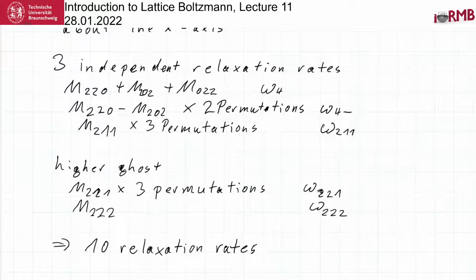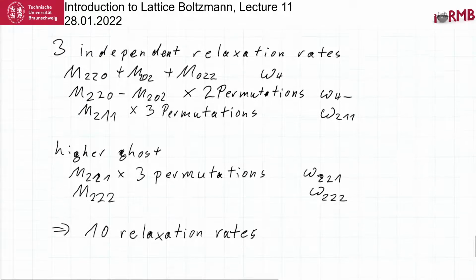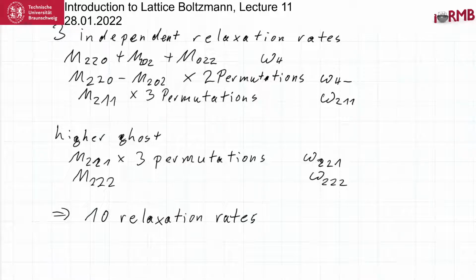However, this is not all of it, because we can still use different combinations of moments and actually relax them. But we will always have at most 10 different relaxation rates. So we just found this is the maximum of relaxation rates that we can have under isotropic assumptions.